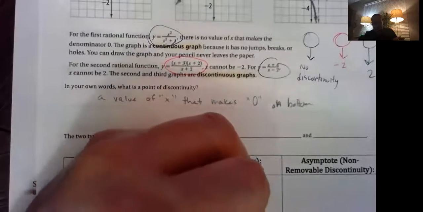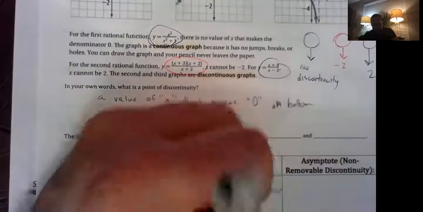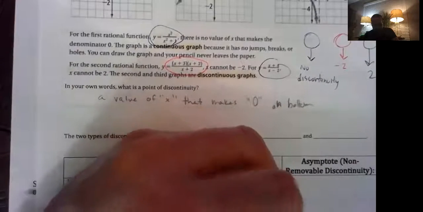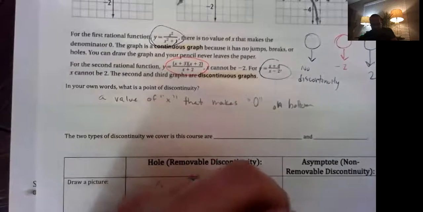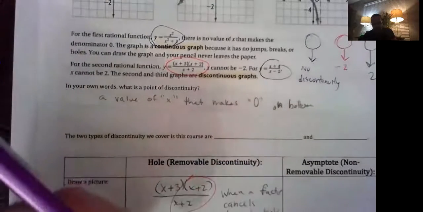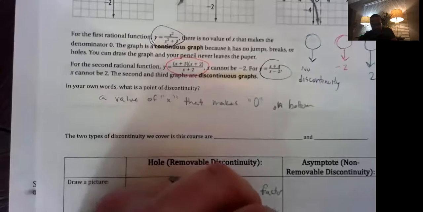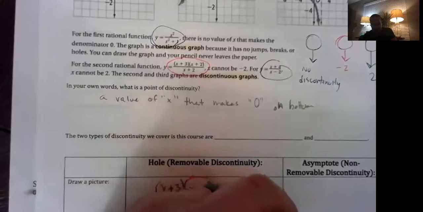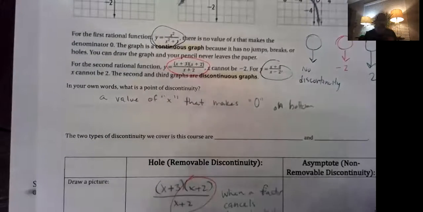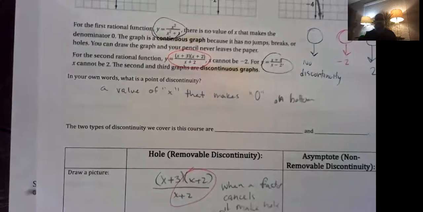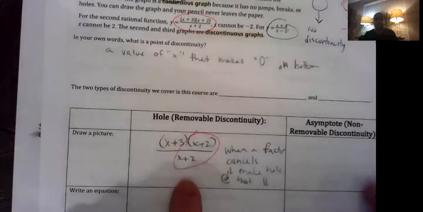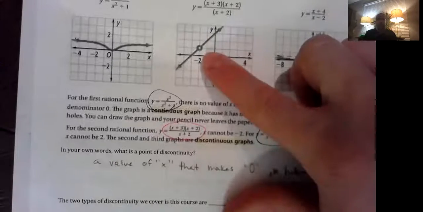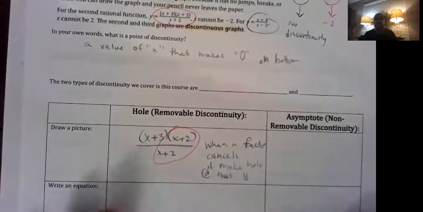When a factor cancels, it makes a hole at that number. Okay. So when a factor cancels, it makes a hole at that number right there. So my hole is at -2. And again, if we wanted to look at a picture, there it is. It's at -2 there. All right.